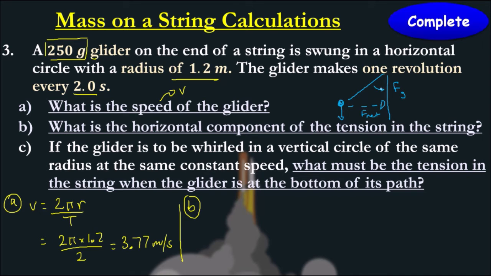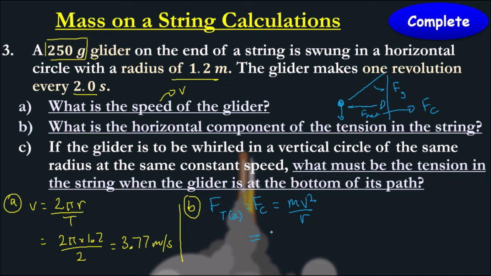Okay, that's all right too, because I know that the net force is the contributing factor of my centripetal force. So if I just use my centripetal force formula, I can still find the horizontal component of my tension force. So our horizontal component of the tension force is equal to the centripetal force, which is mv squared over r.